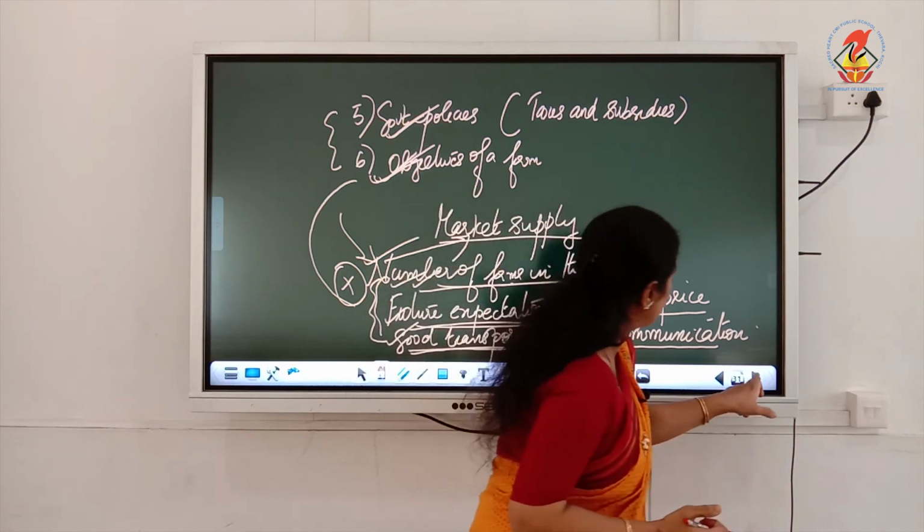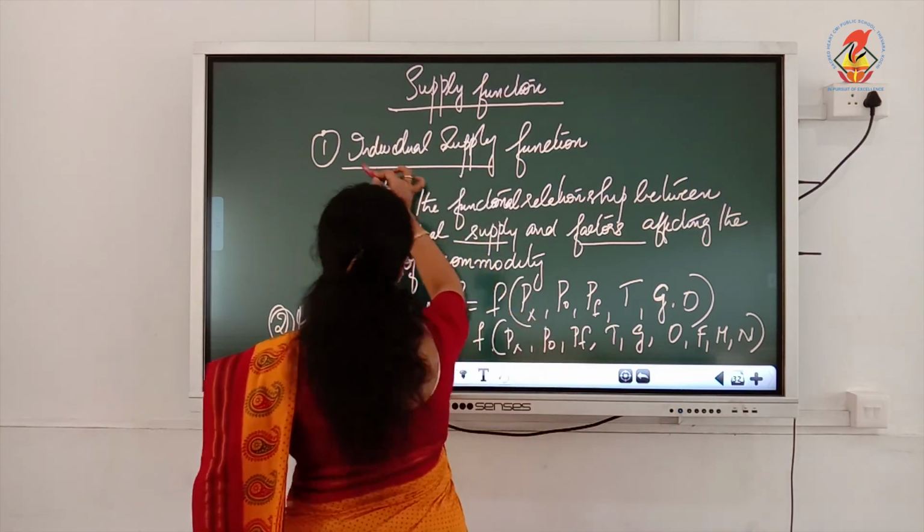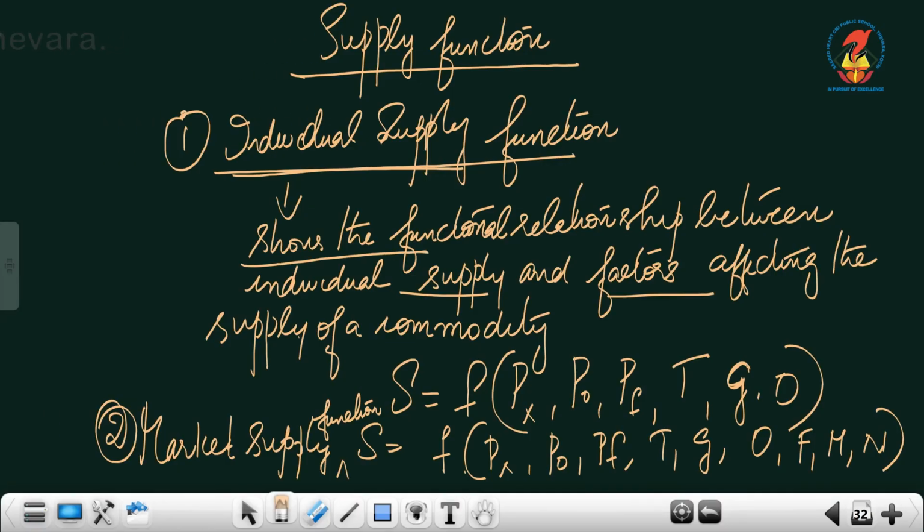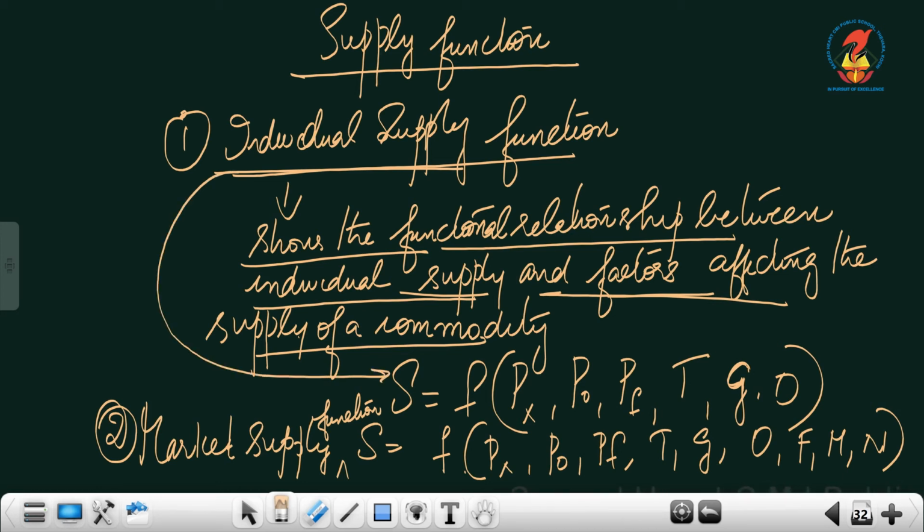Now, let us write that. Individual supply function shows the functional relationship between individual supply and factors affecting individual supply. What are the factors influencing individual supply? So, how can we write this individual supply function?